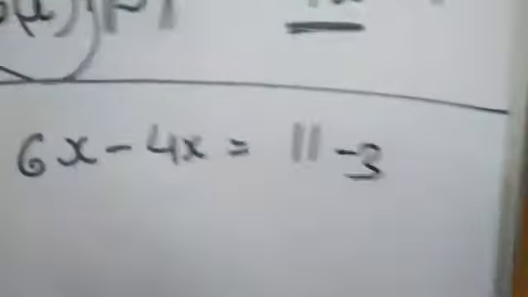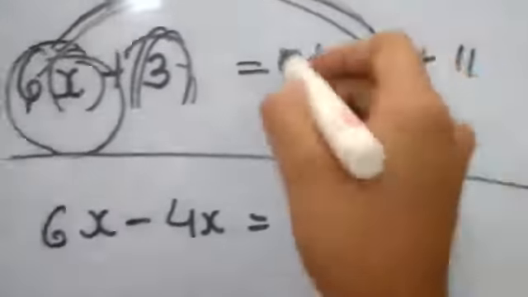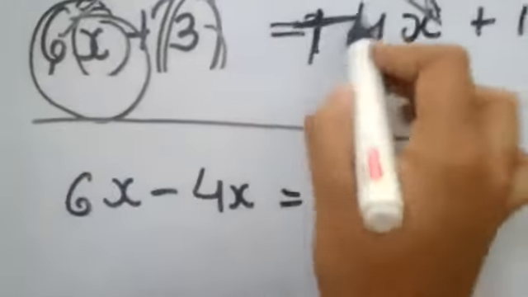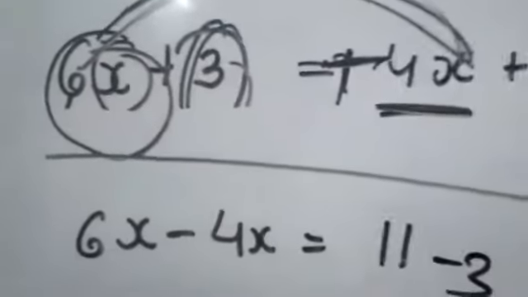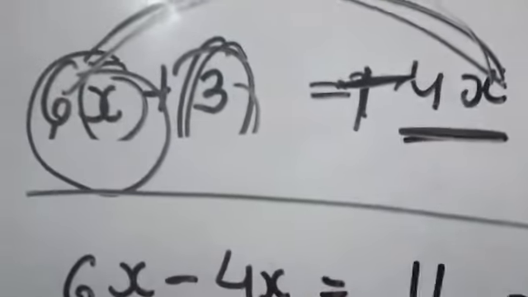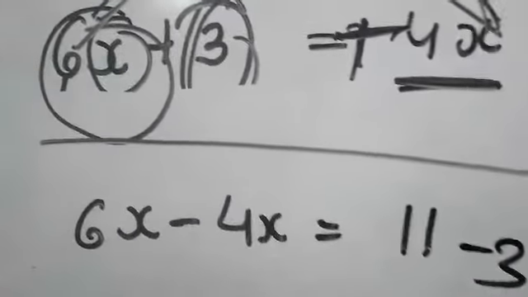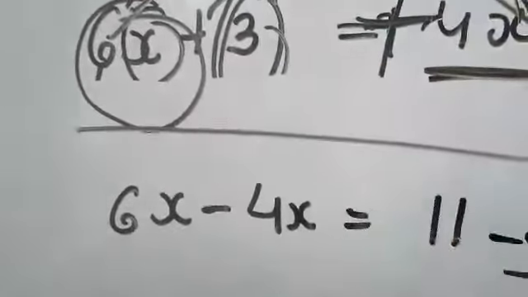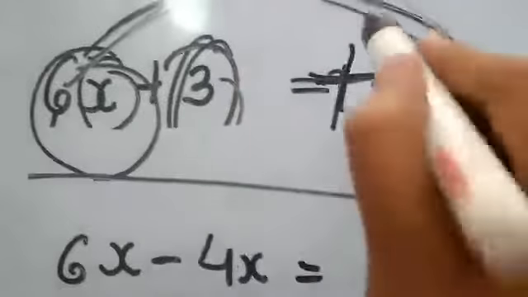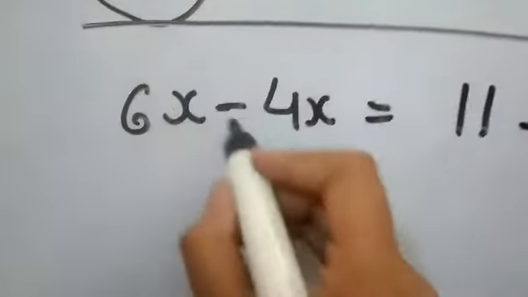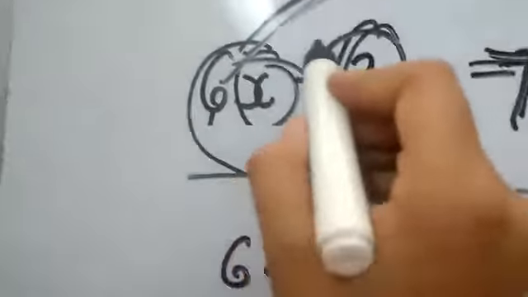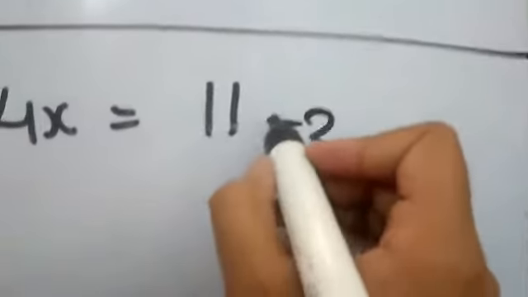Now, why have I changed the sign of these numbers? It was plus because there is no sign in front of it. When we change the side through the transposition method, the sign of the number will be changed. It was plus, so it will become minus. It was plus, it will become minus.